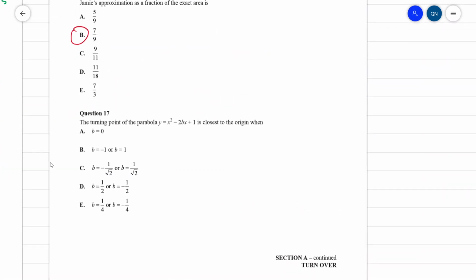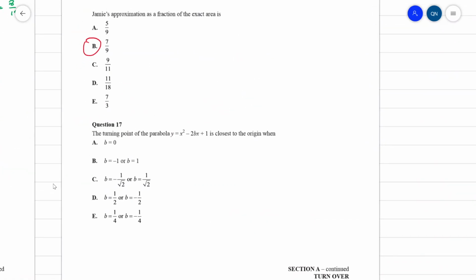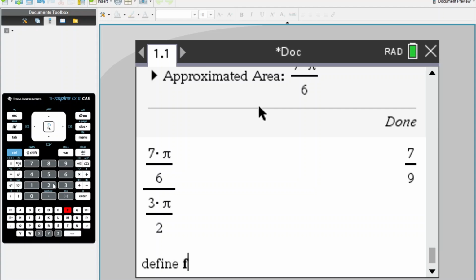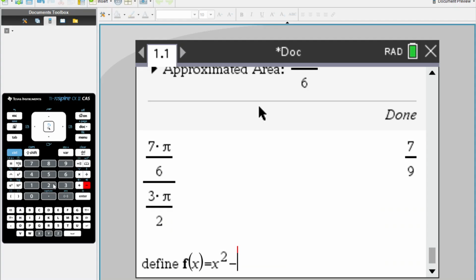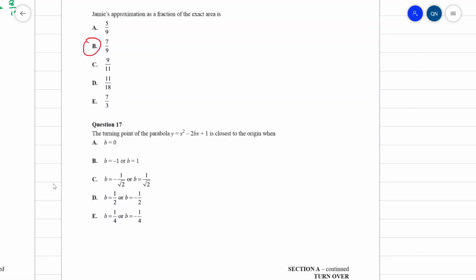Okay, the turning point of the parabola y equals x squared minus 2bx plus 1 is closest to the origin when? To do this, I'm going to define f of x to be equal to x squared minus 2 times b times x plus 1, just so we have a function to work with. And we want to find the turning point of this guy. Now, maybe you know the formula for the turning point of a quadratic.